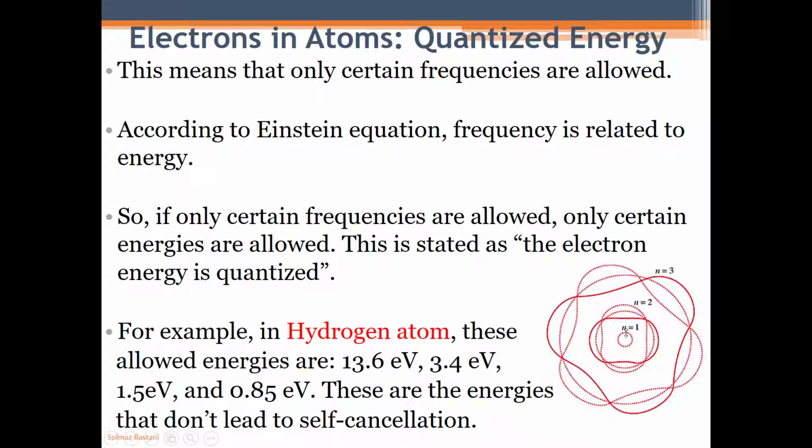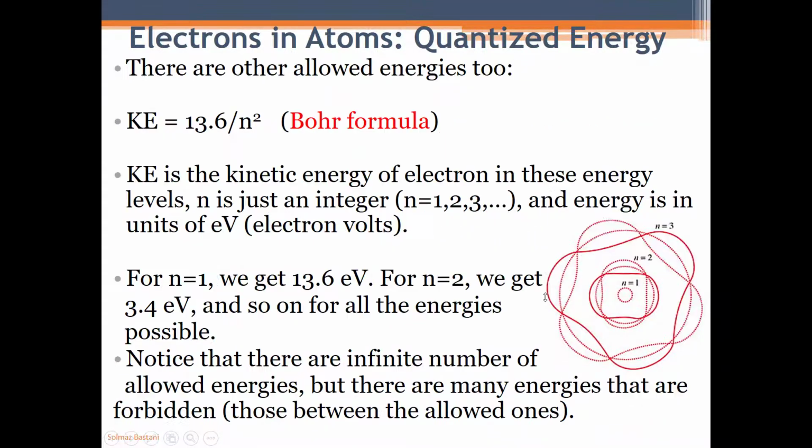This means that the electron can be anywhere in this orbit, or in n equals 2 in these orbits here, or when n equals 3 in only these orbits here. But anywhere between these, it cannot exist.